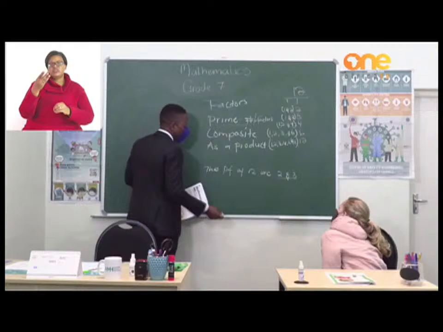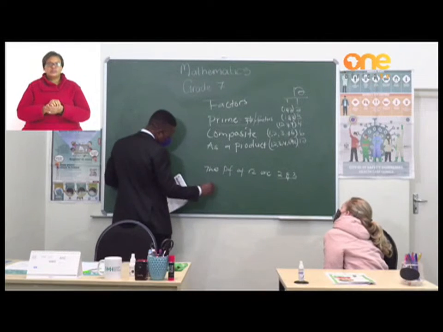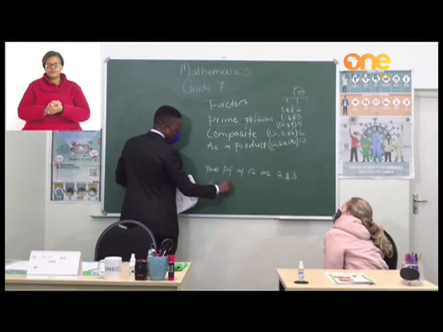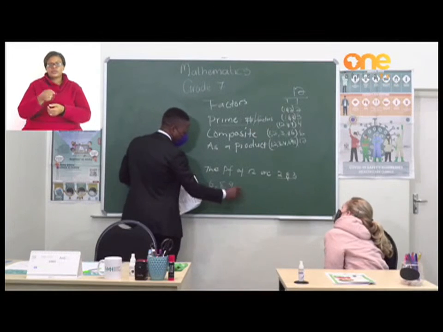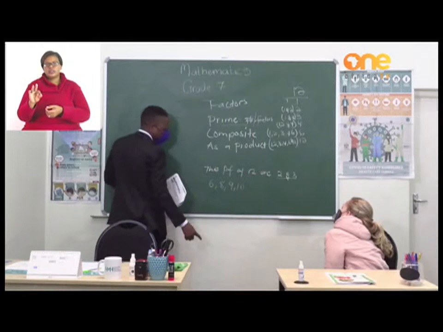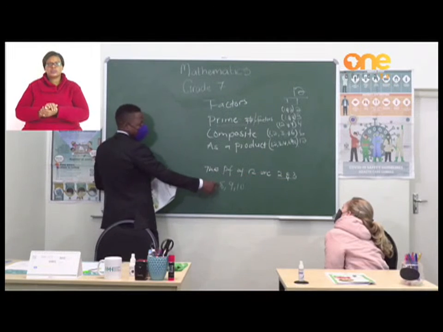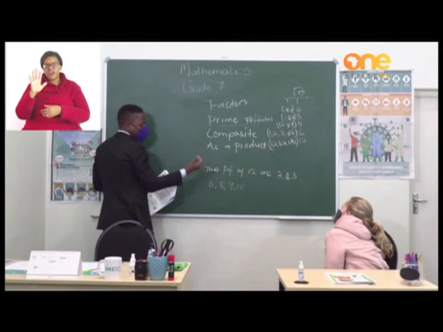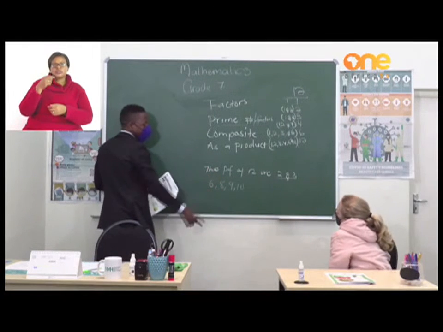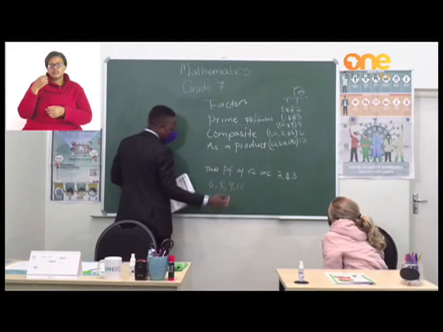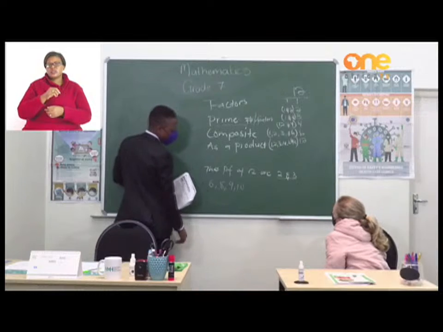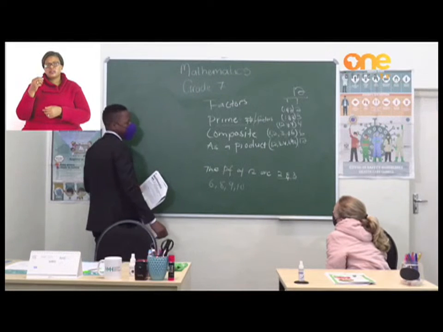Other composite numbers we can talk about: 8, 9, 10, and so on. 8 has factors 1, 2, 4, and 8. 9 has 1, 3, and 9. And 10 has 1, 2, 5, and 10.